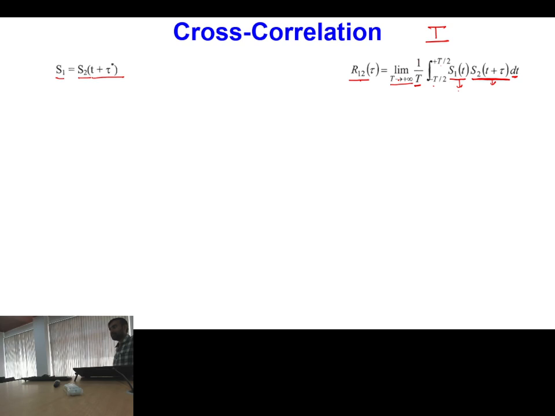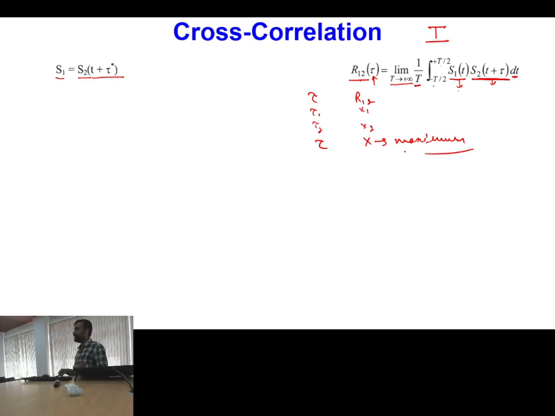Are all clear with this point? So for this R12, whenever you do the cross correlation, you will be choosing different values of tau, say tau 1, tau 2, and you will be getting different values of R12, say x1, x2, x3, etc. The value of tau at which this x is maximum is the actual phase difference between the two signals, corresponding to which your signals are self similar.